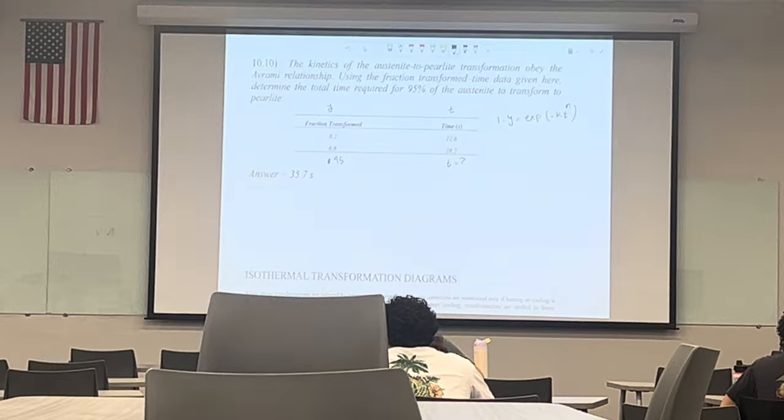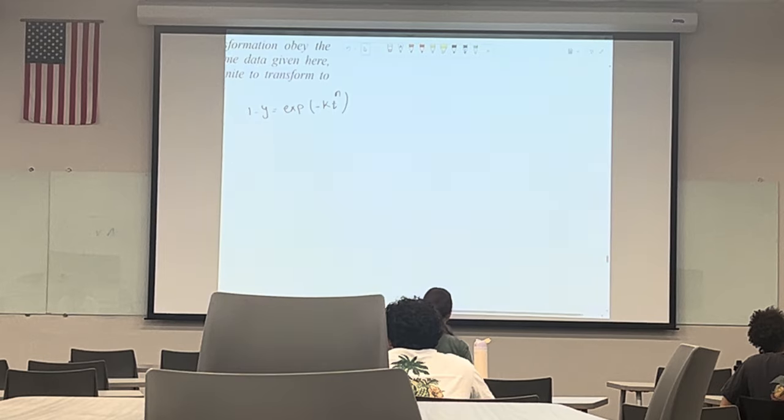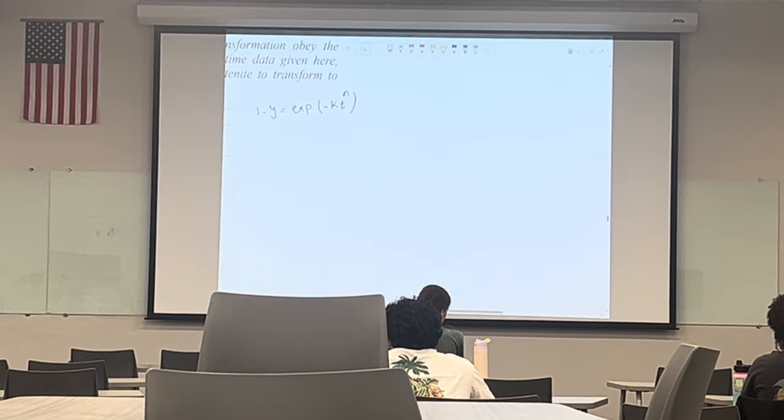That's the question. So to solve that, first we need to find n and k based on the table given here. How we can do that is just a bit of math. So again, we have to transform the equation in a way that we can solve for k and n.